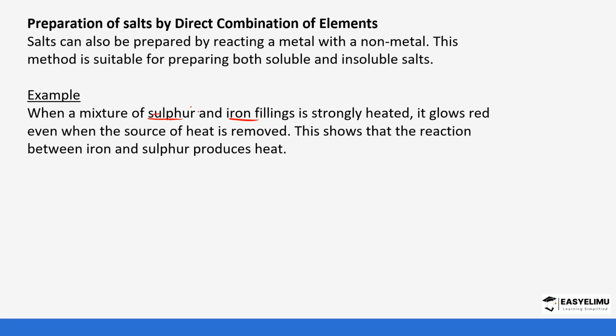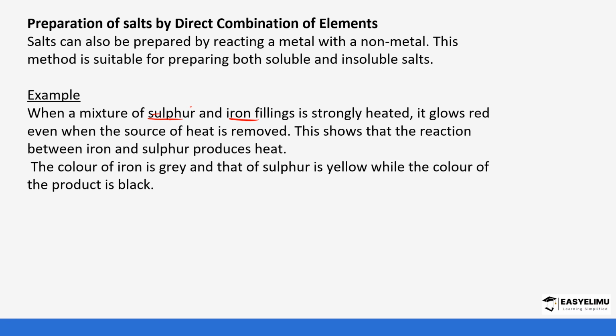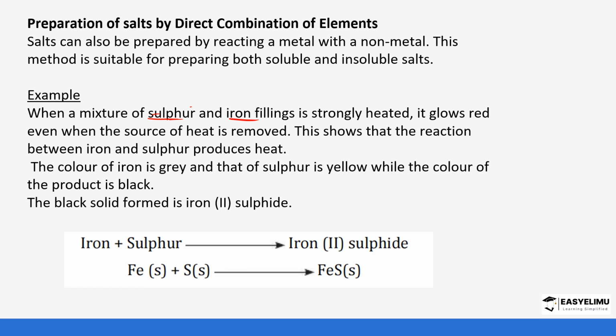What happens if you take this mixture and heat them, they usually glow, and it produces a lot of heat and a black substance is usually produced. The color of iron is gray and the color of sulfur is yellow, but the product that you get at the end of the day is going to be black in color. The black solid that is formed is iron(II) sulfide, and that is the equation.